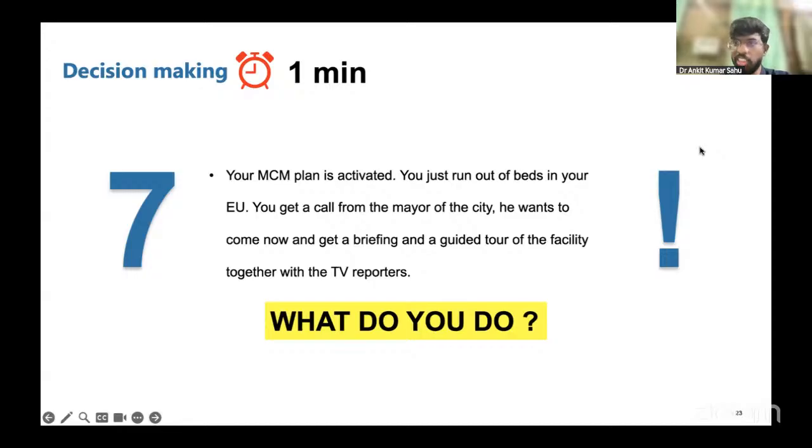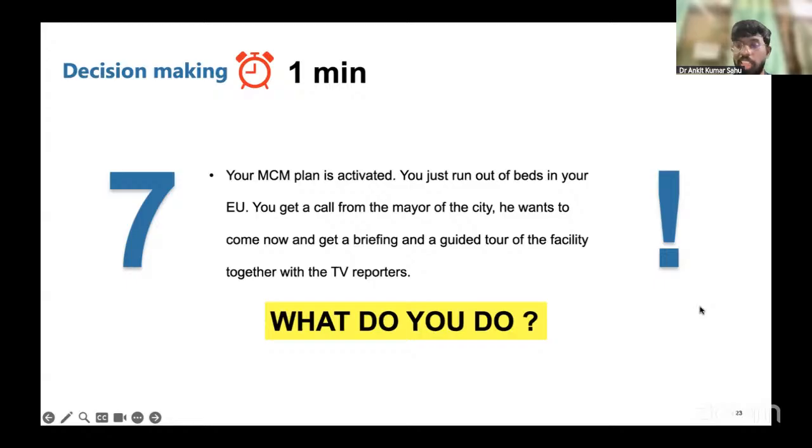You can add it in the chat also. Any of our participants who want to answer this? This is again one of the difficult things that the incident commander has to handle: media and the local politicians.